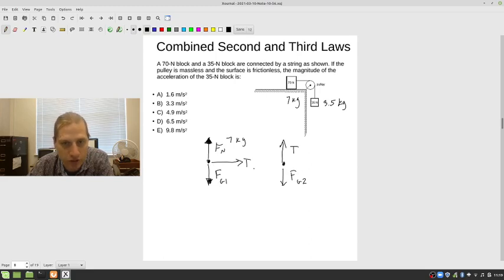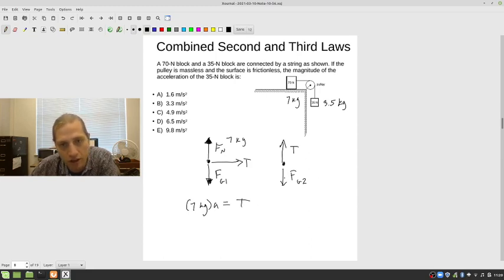The tension force is the same though, and what else is the same is the acceleration of these two blocks. So for each of these now, I'm going to write an F equals ma equation in the direction that they're going. So for the first object, I'm going to write 7 kilograms times a equals the tension.